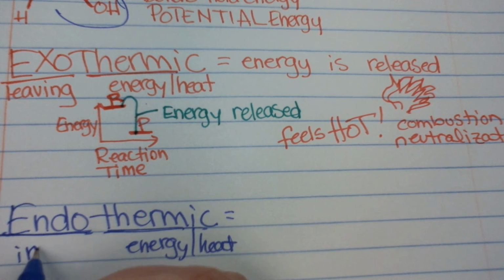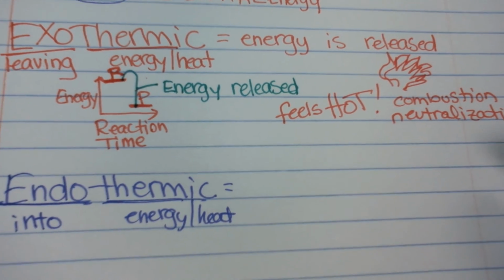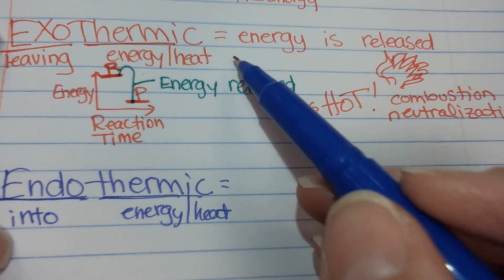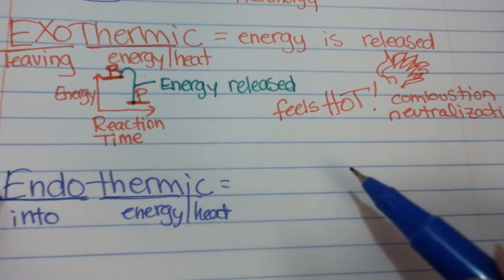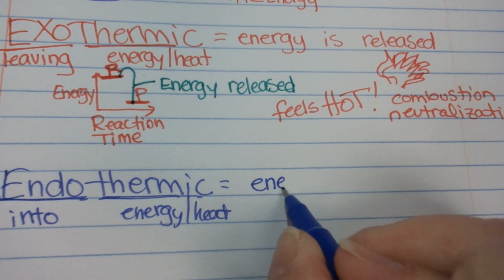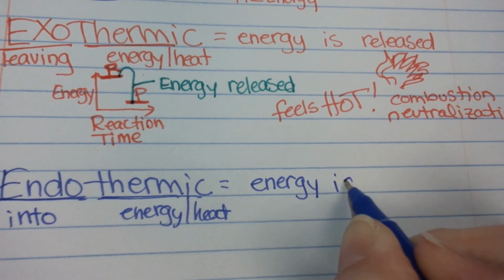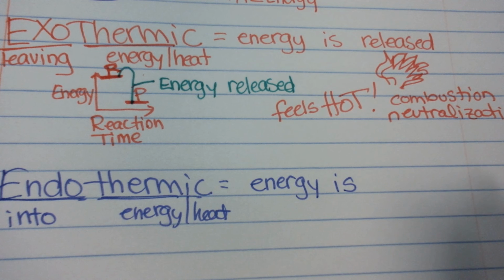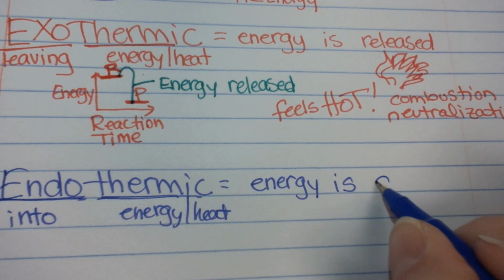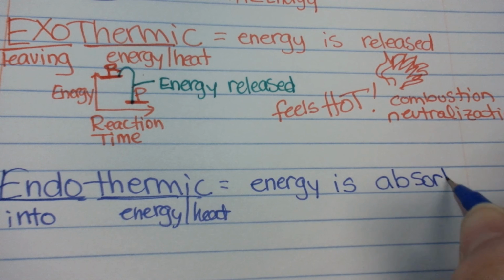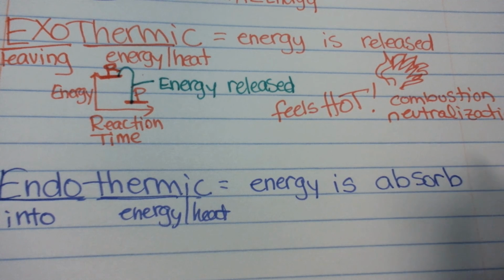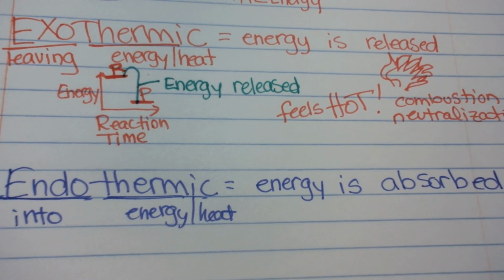Inside or into. So they're kind of opposites. If exothermic energy is released, endothermic energy is what? Taken in or absorbed. A lot of times you'll read in the word problems, absorbed. Okay.